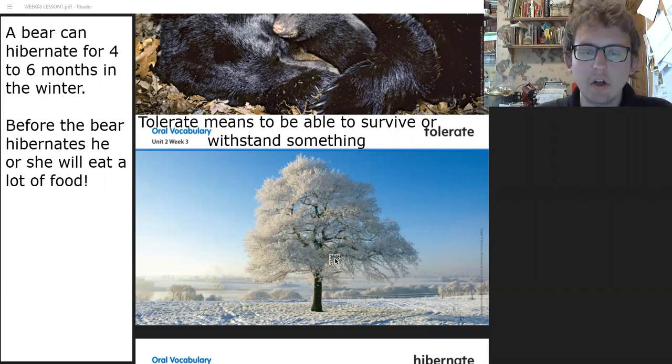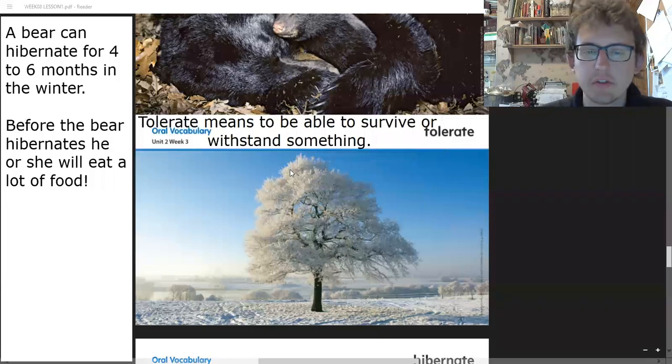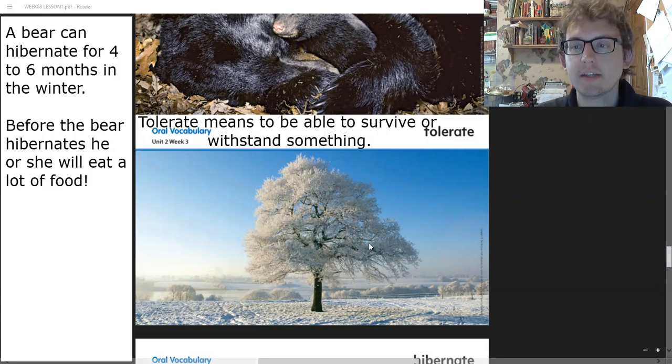Okay? So that means it's able to survive or withstand the cold winters. See how it's all full of snow and ice? But when it's springtime in April or May, this tree will turn green again and it will survive, okay?